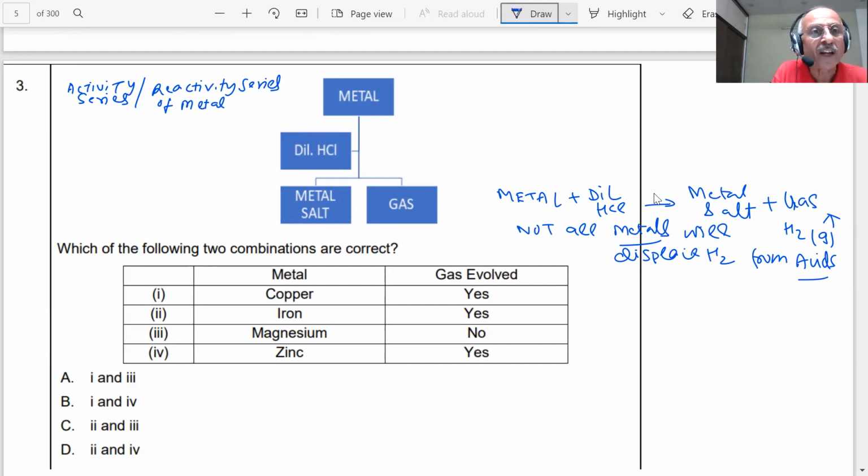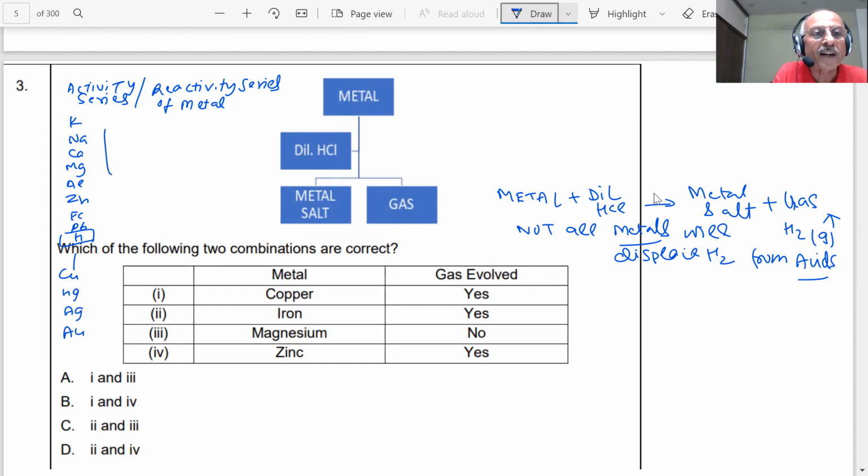If I give you this, it starts from potassium, sodium, calcium, magnesium, then you have aluminium, then zinc, then iron, then lead, and then you have hydrogen here. And below this, students, you have copper, mercury, silver, and gold.